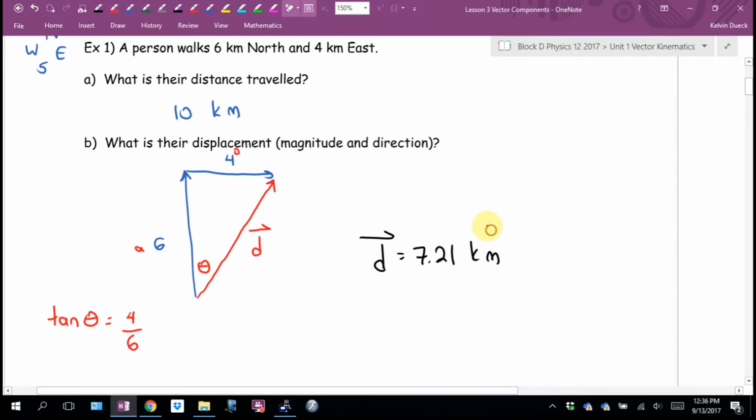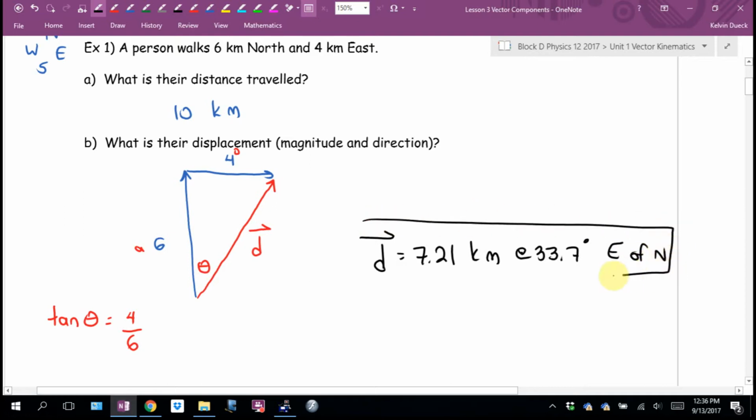Theta is 33.7 degrees. North of south, east of west, what of what? East of north or north of east? Because that's really what it comes down to usually in these, right? Okay, this is east of north. Good.